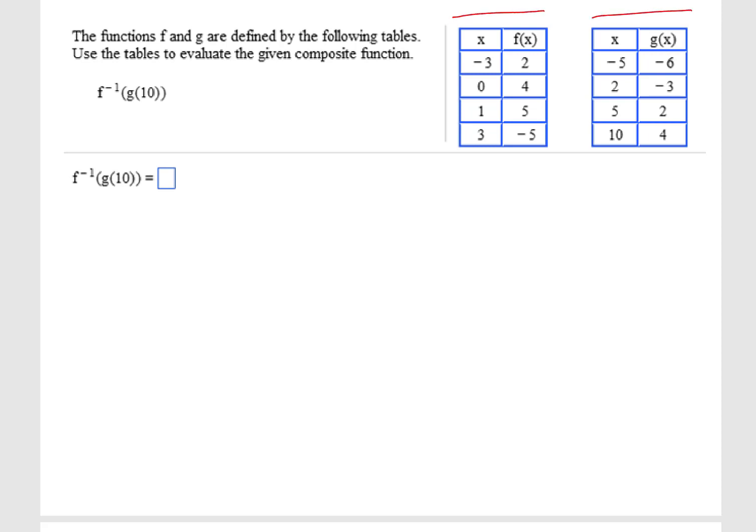So I would actually have to set up the table, and I recommend doing that first, the table of the function of the inverse of f. Well, remember we said that what happens with the inverse? Just the x's and the y's are switched. So if I made my table for inverse of f, then these would just be switched.